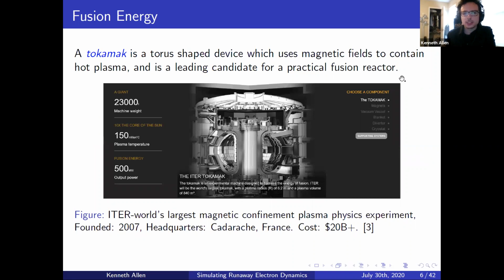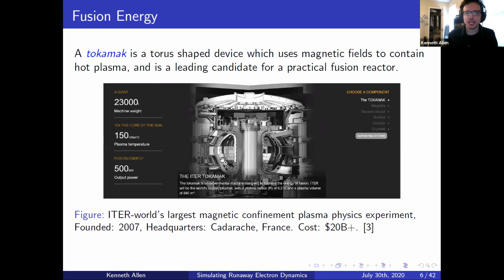So here is an example of a nuclear fusion reactor. They call it a tokamak. It's a torus-shaped device, and it uses a magnetic field to contain hot plasma. So far, it's a leading candidate for a practical fusion reactor. As you can see here, there are some statistics. It's very heavy, 23,000 tons.